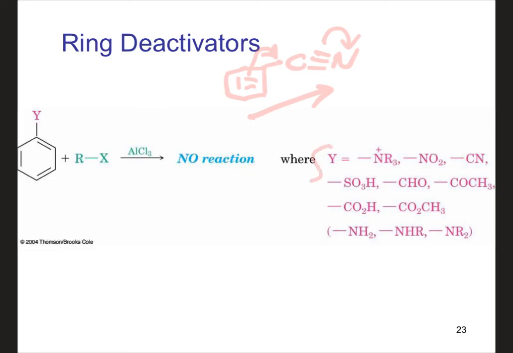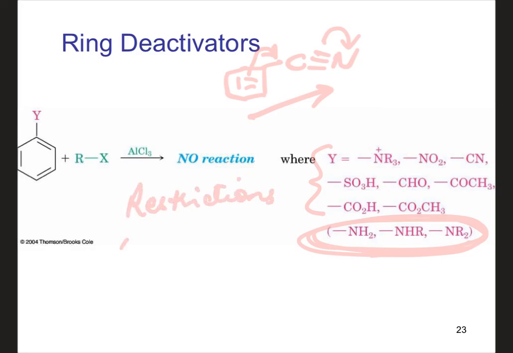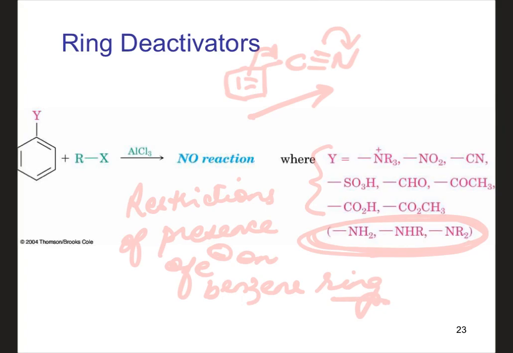So anything that's listed here essentially, which is not in parentheses, but anything that's outside, will not allow a Friedel-Crafts reaction to take place. So there were restrictions on the substrate as well. So restrictions on presence of electrons on benzene ring. That was a problem point.